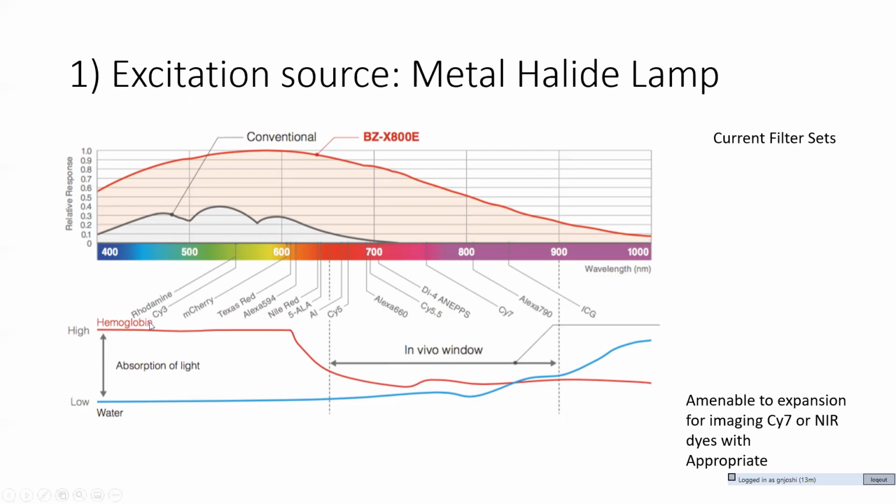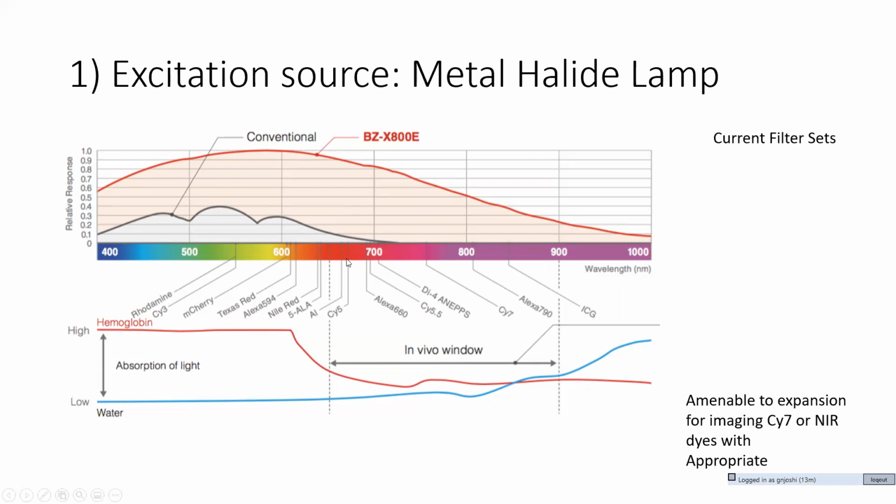Now, compared to a traditional metal halide lamp, which goes from 400 nanometers to 700 nanometers, the metal halide lamp on Keyence has a wavelength range all the way from 400 nanometers up to 1000 nanometers.